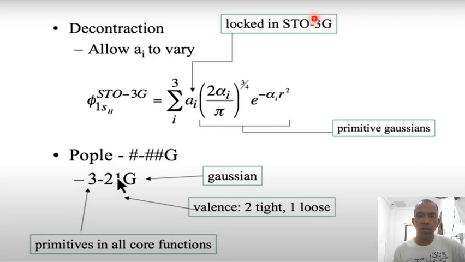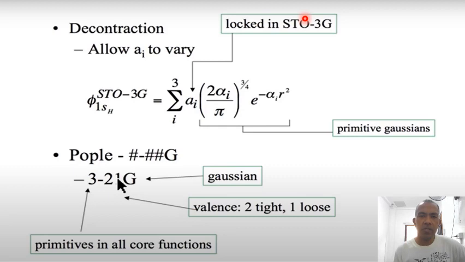STO-3G: if I look at the STO-3G paper, you'll see the sub i's here. There are fixed values of alpha in the table. In the table there will be three values, one associated with an alpha and an A, two associated with an alpha and two, and those just give the shapes.